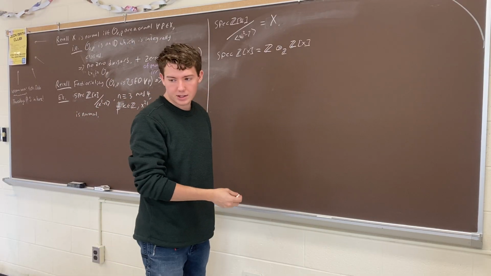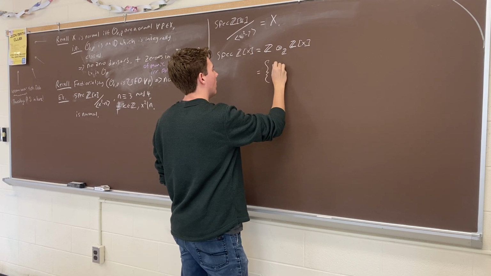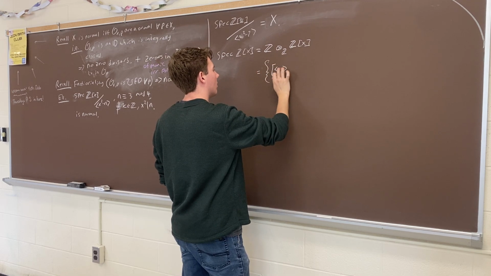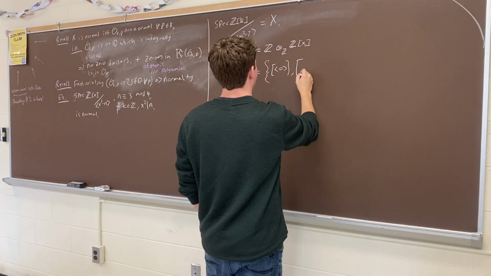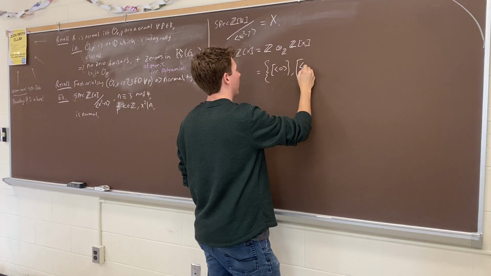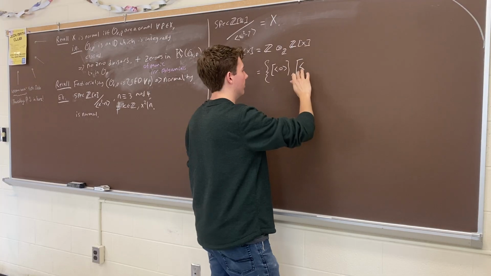And so this ends up giving us the generic point, and then points which are irreducible over F_p.